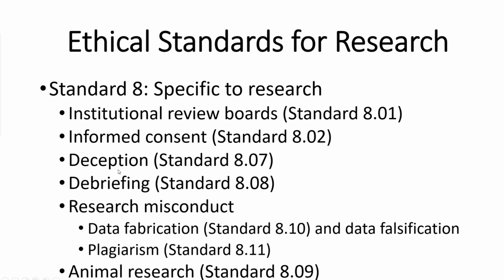So the next couple of places are interesting. So deception is a very interesting section to talk about. And deception is when your researcher at the beginning of the study doesn't give you all the details. And this is kind of hard because our section on informed consent says that you need to be told all of this information so that you can make an informed decision.